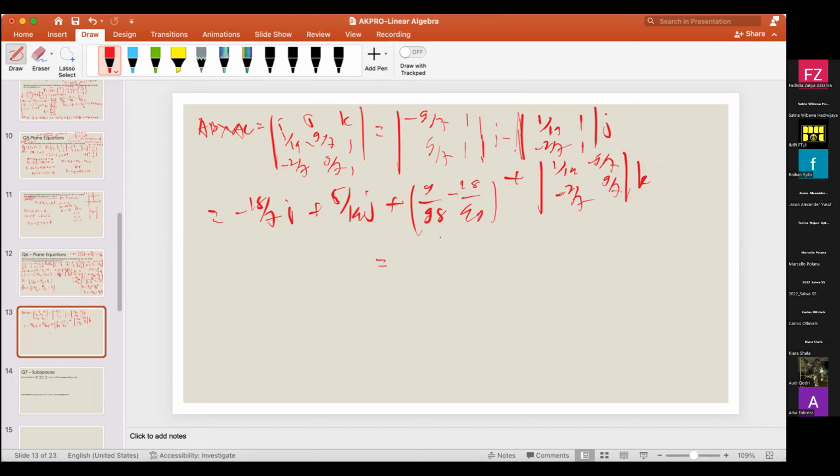And so this is negative 18 over 7 i plus 5 over 14 j, and so it's negative 36 plus 9, negative 27, k.